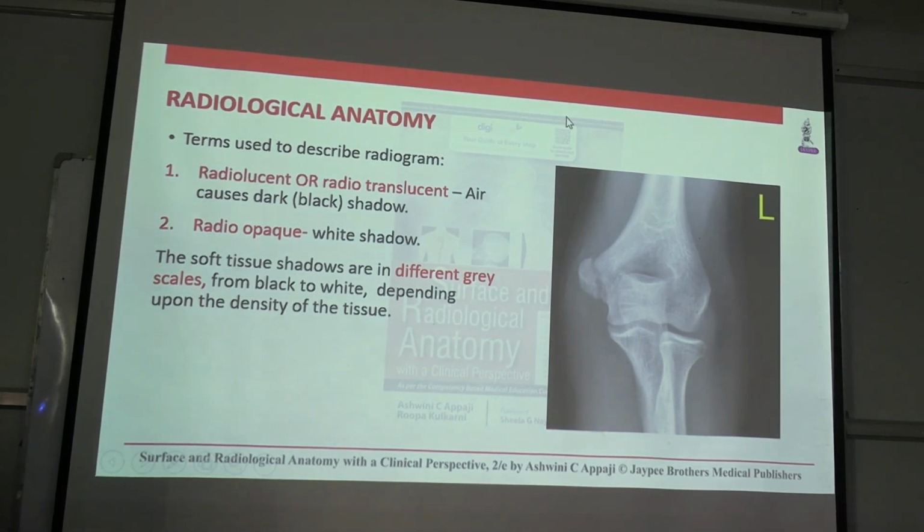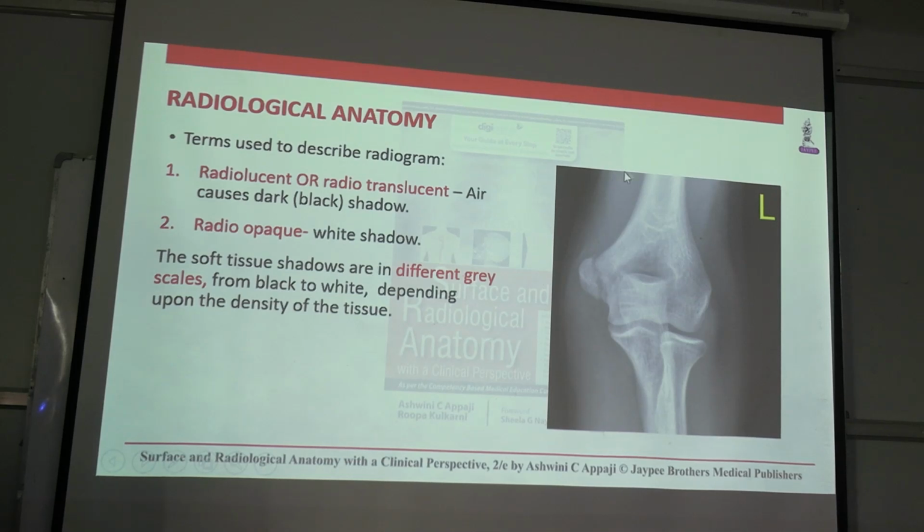So light is thrown and this is penetrating a particular joint. Now there are three different colors we are seeing here: ivory white, black and gray. What takes this ivory white here is the bone, because this is least penetrable. So we call it radio opaque. It has an opacity, it is not penetrated by the rays.